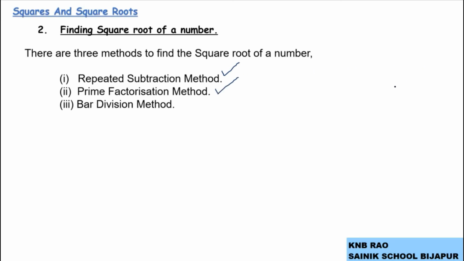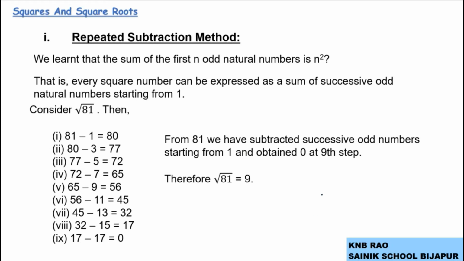Students, in our previous session we learned the meaning of repeated subtraction method. And you know, while finding square root of any number provided it is a perfect square, we start subtracting odd natural numbers starting from 1. Repeatedly, successive odd numbers are subtracted.